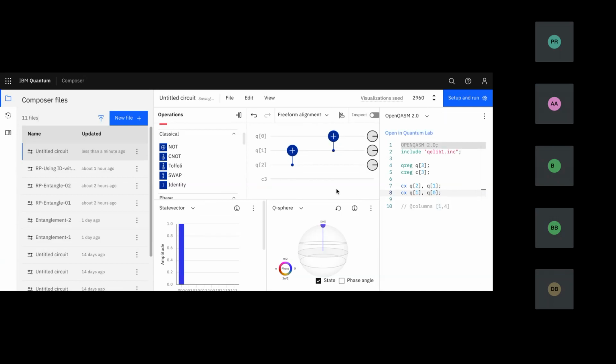Okay, what do you expect of this? So if I run this, what should I get? If I say, sorry, inspect, right? So what is happening now? I look at the state vector and you are getting this impacting this impacting this.